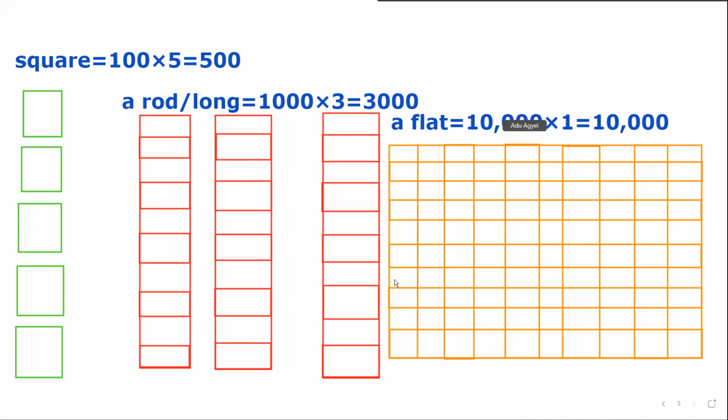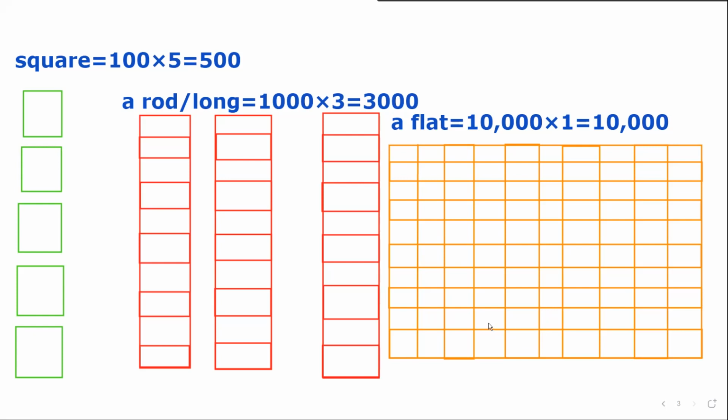Okay. 1, 2, 3, 4, 5, 6, 7, 8, 9, 10. 1, 2, 3, 4, 5, 6, 7, 8, 9, 10. Okay. We are done with what?